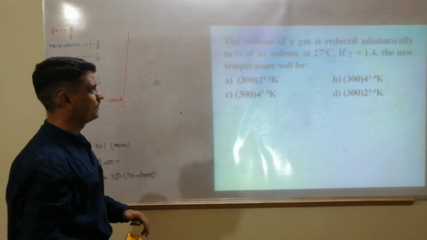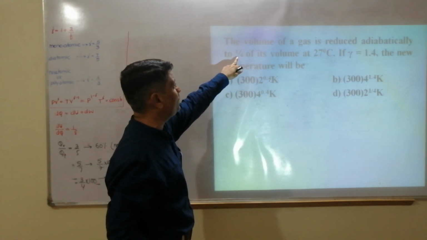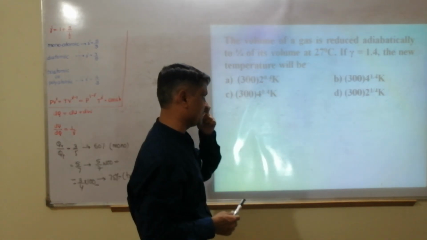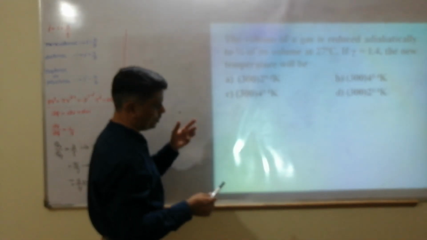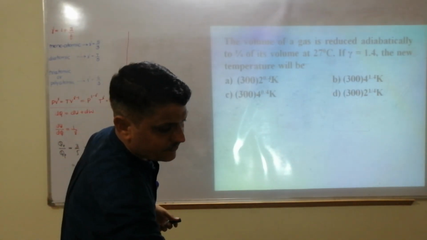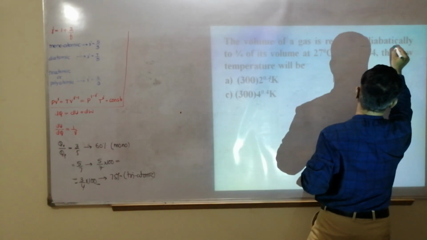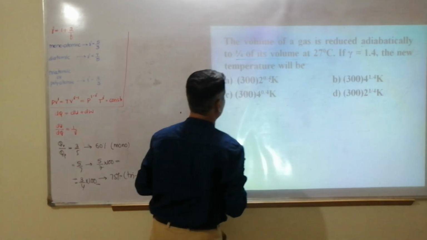Second problem. Volume of a gas is reduced adiabatically to 1/4 of its volume at 27 degrees Celsius. Gamma is 1.4, then the new temperature will be. Okay, it's easy. See, first we have to remember adiabatically, one thing. Second, 1/4 of its initial volume.